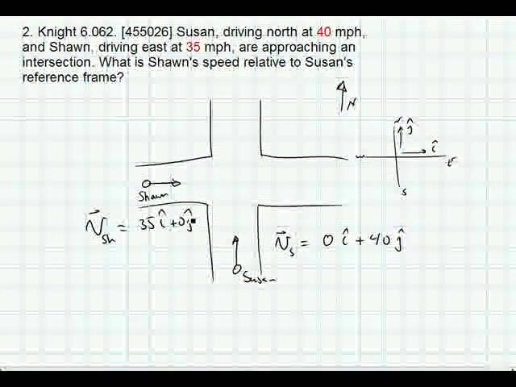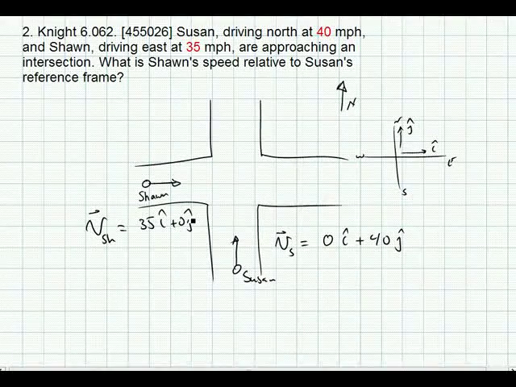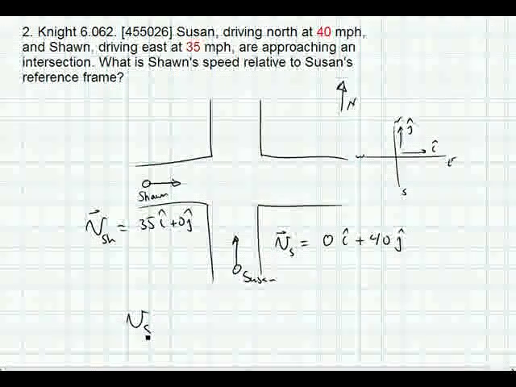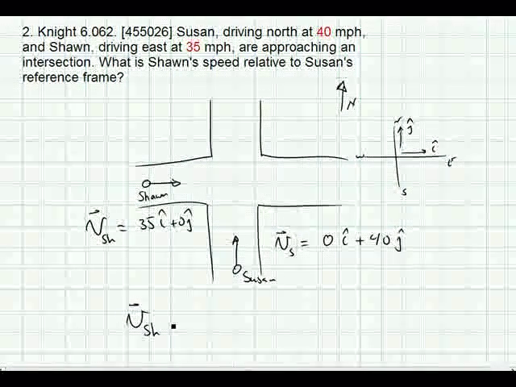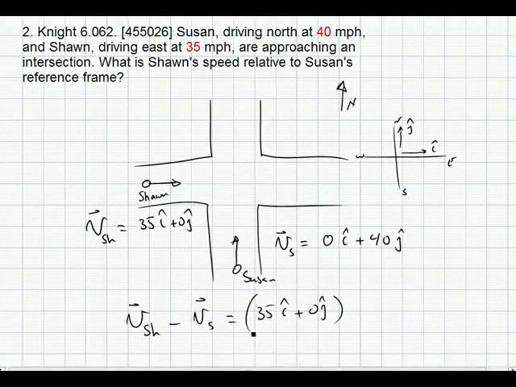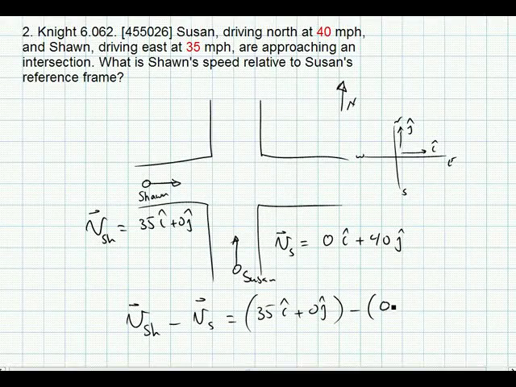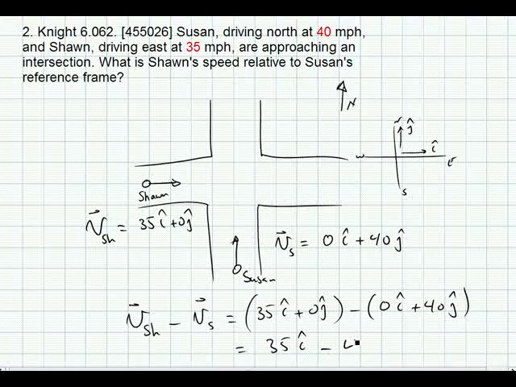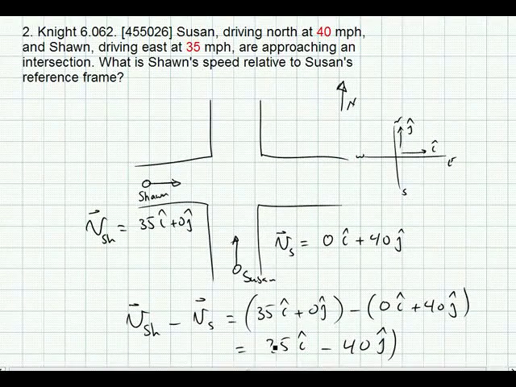So the relative velocity between Susan and Sean is simply V Sean minus V Susan, which is 35i plus 0j minus 0i plus 40j, which is equal to 35i minus 40j.